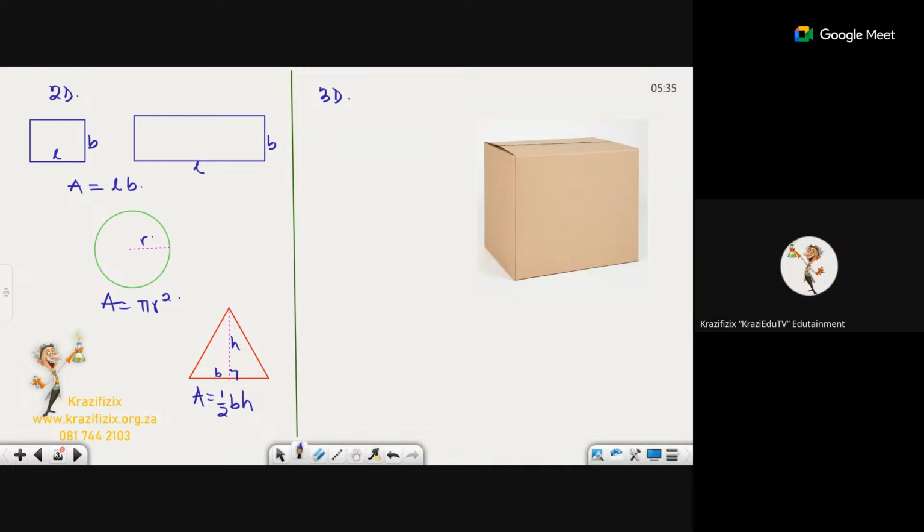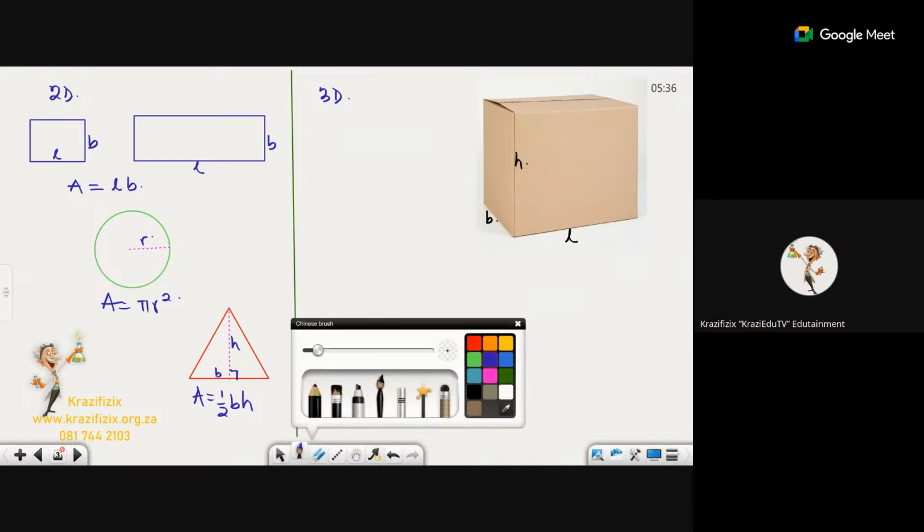Good morning, everybody. Now, when it comes to the 3D, you talk about things that have three dimensions, three sides. Now we're talking about the length, the breadth, and the height. For example, if I look at this, this becomes the height. This is the length. Now, when you see things like this, guys, we will then be calculating two important things.